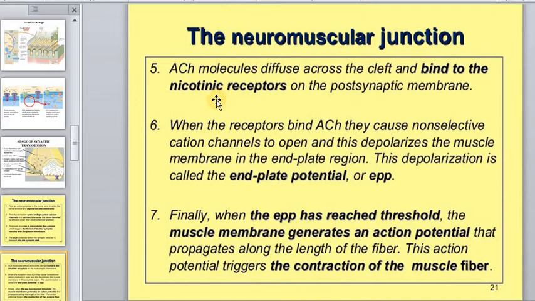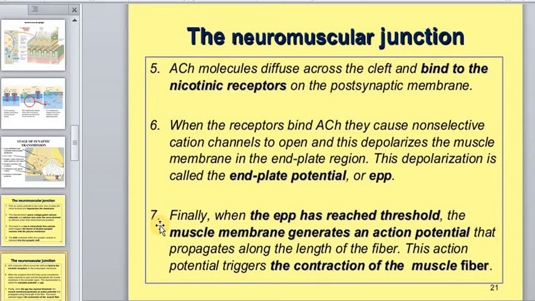On the postsynaptic membrane, when the receptors bind acetylcholine, they cause non-selective cation channels to open, and this depolarizes the muscle membrane in the end plate region. This depolarization is called the end plate potential.